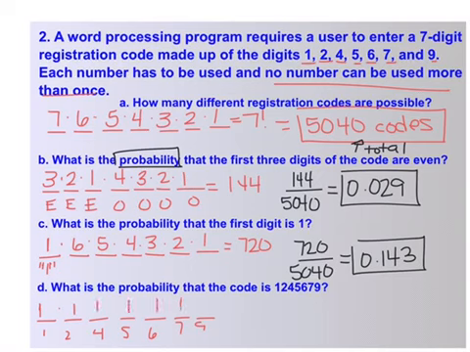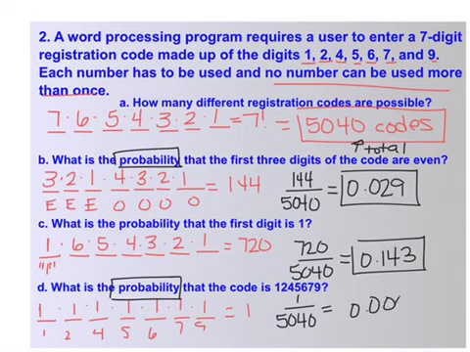There's only one of each. So 1 times 1 times 1 times 1 times 1 times 1 times 1 is just 1. But again, since I'm looking for probability, we're going to do one way out of the total codes that we have, 5,040. And that's going to give me 0.0002.